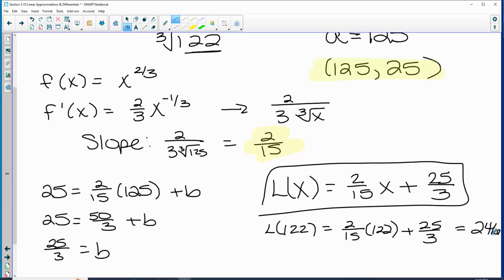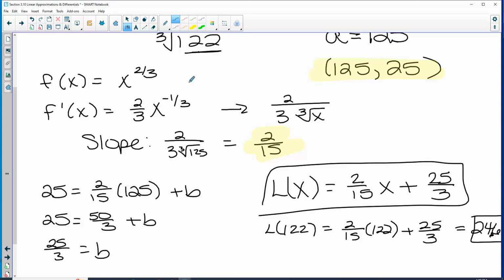So I get a linear approximation of 24.6. How close are we? What is 122 to the 2/3 power? 24.598, and our approximation is 24.6. So we were pretty close. That is pretty darn close right there.